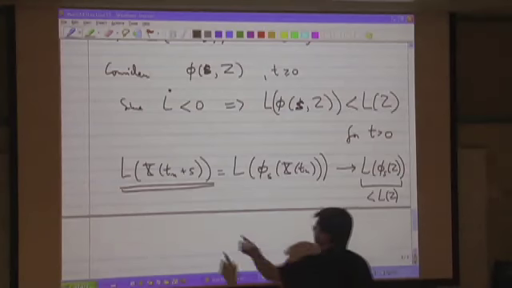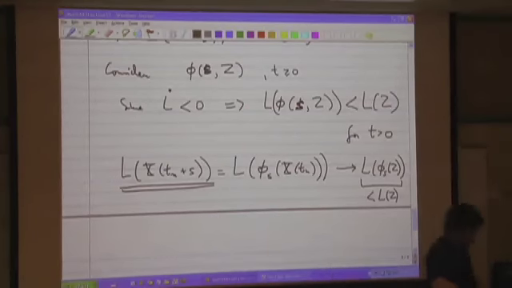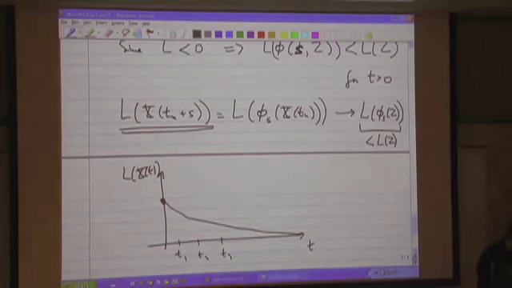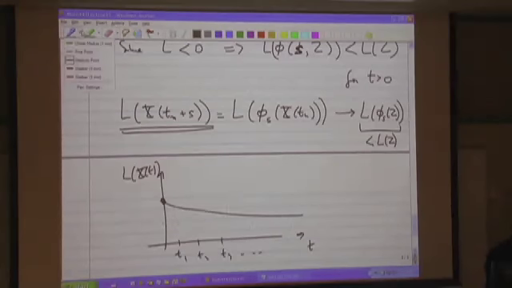Why can it not happen? If you were to plot L of x versus t, we know that it starts somewhere and is decreasing. On T1, T2, T3, it goes to some limit, it's decreasing, so it has a limit.